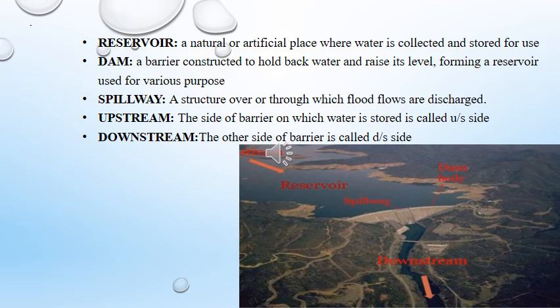The side on which the water gets collected is called the upstream side, and the other side of the impervious structure is called the downstream side. These are some of the different components involved while constructing a dam on a stream.